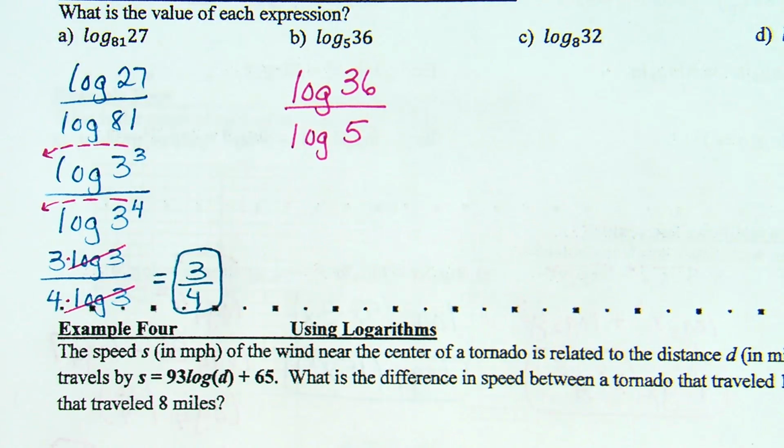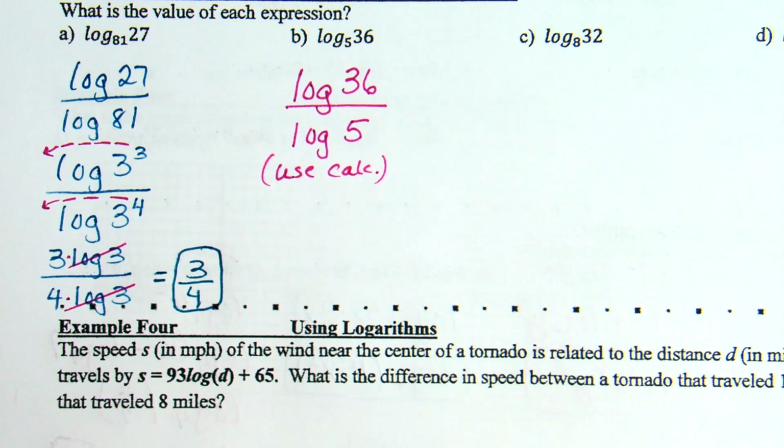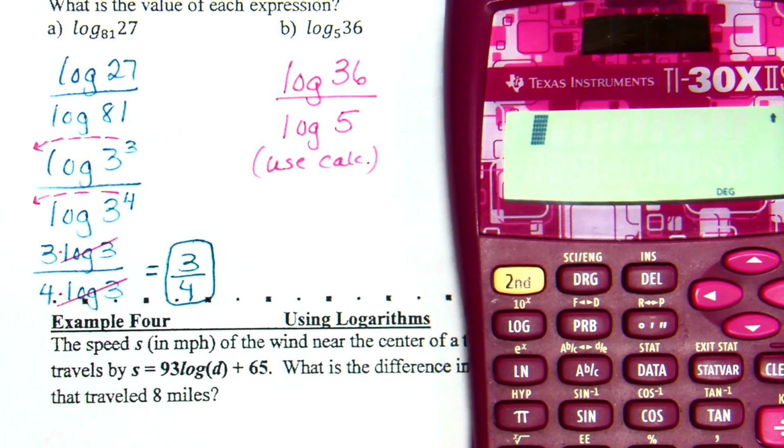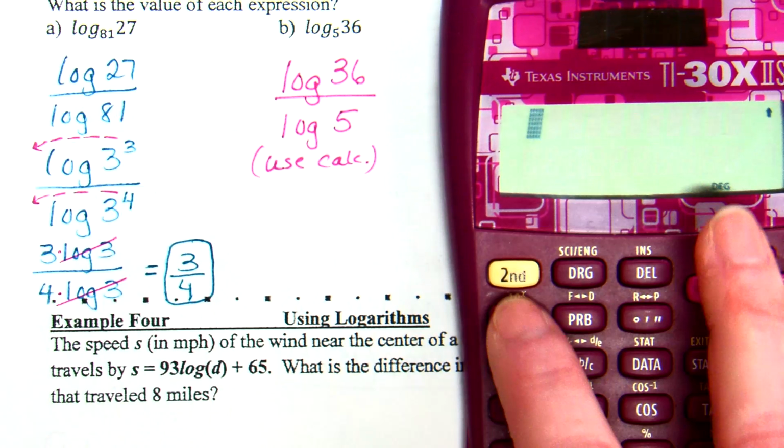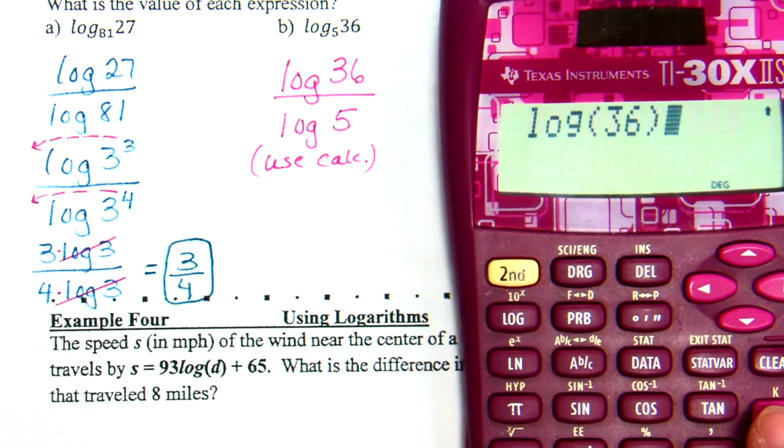Do practice using your calculator so you know how your calculator works. Log 36 in my parentheses divided by log 5. I have my answer to 3 decimal places: 2.226, but the 5 tells the 6 to round up to a 7.